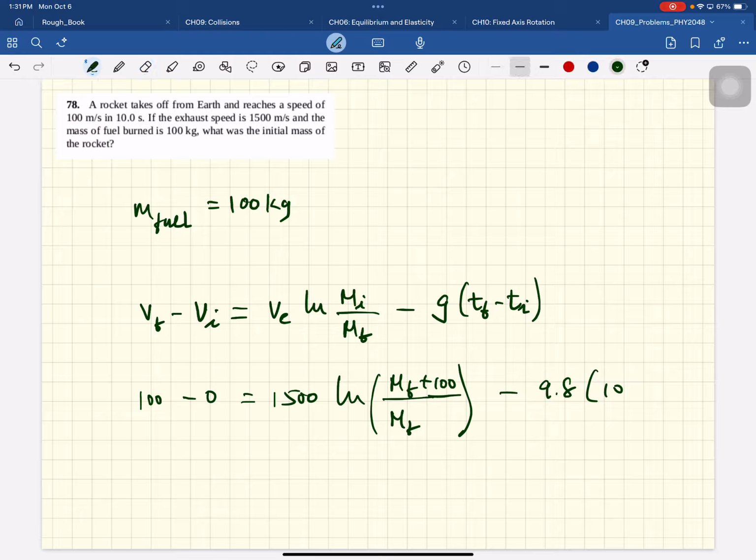I haven't written down any units, but they're all in SI units. So this would be 100 equal to 1500 log, well, I'll just write it back as that, minus 98. So 198.